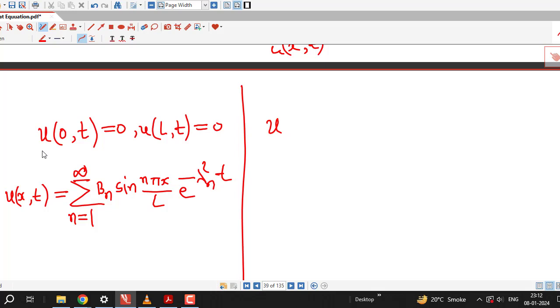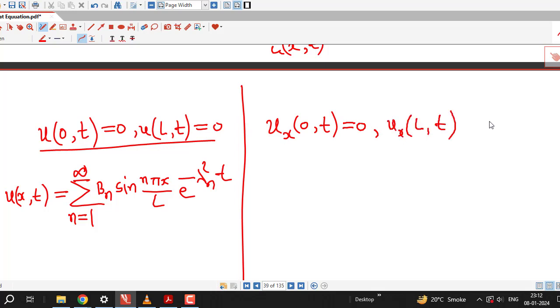But instead of these boundary conditions, if our boundary conditions are that del u by del x, or temperature gradient, is 0 at both the endpoints, then in that case the solution or temperature distribution is different.